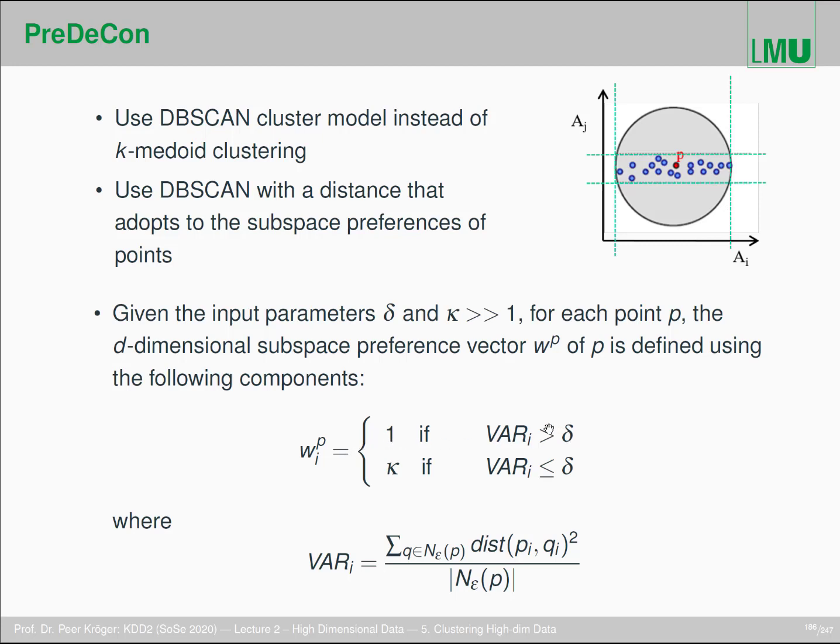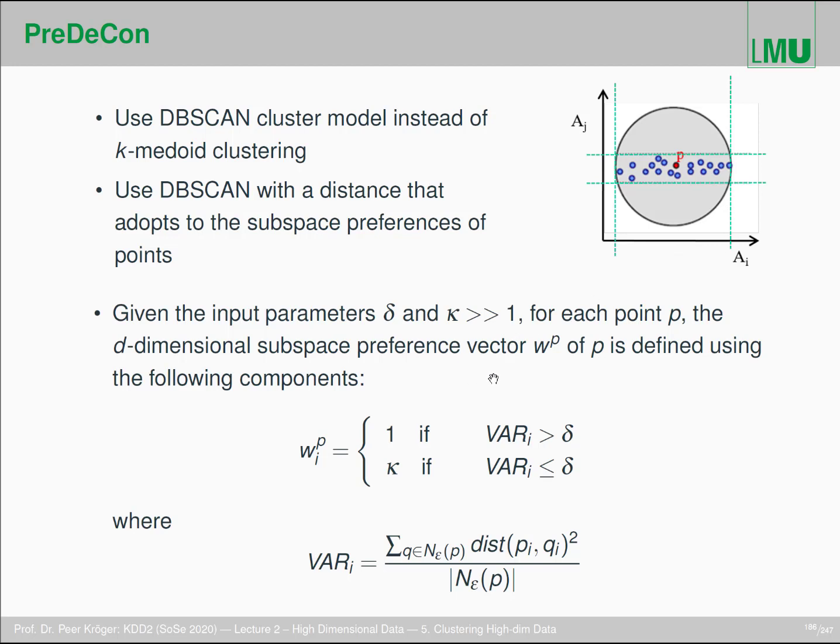So the not so interesting features are weighted by 1, and the interesting features having a small variance are weighted much higher. Yeah, so that is the idea basically. So in this example, the feature AJ will be weighted by kappa, and this one here will be weighted by 1, AI.